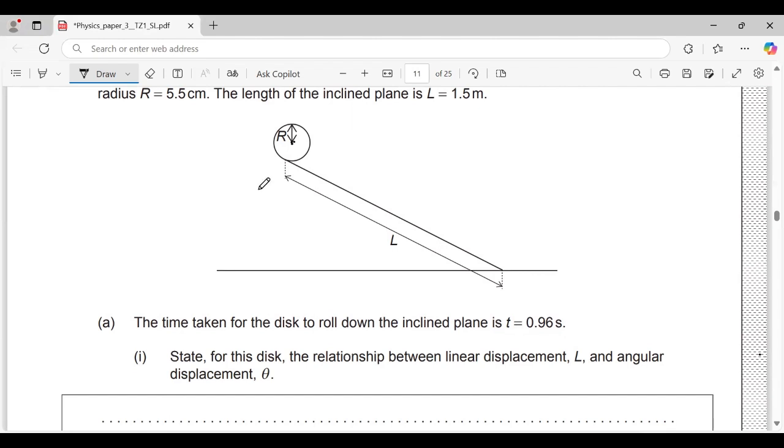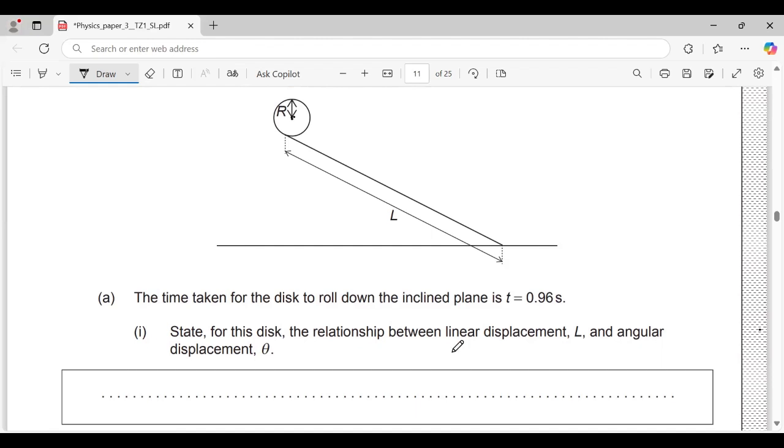When you look at this diagram, this disk will roll down from the initial position to the final position here, a distance L, and it needs time t equals 0.96 seconds. It has R as the radius.